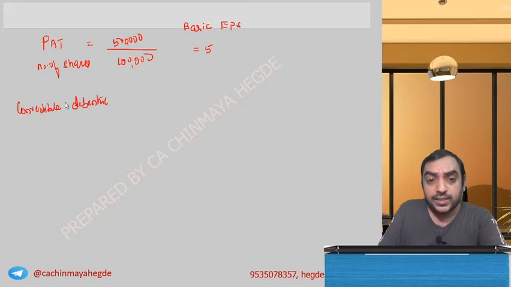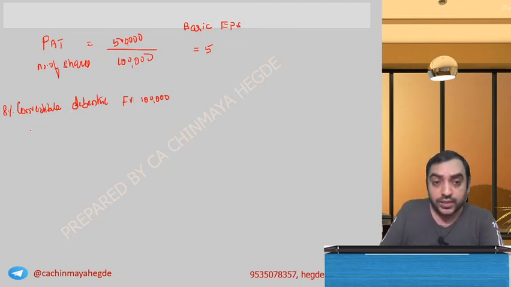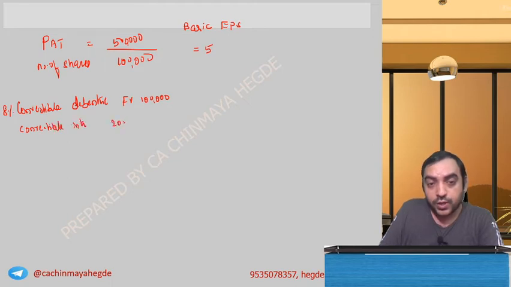Let's say it is 8% convertible debentures having face value of 1 lakh, and this will be convertible into 2000 shares.